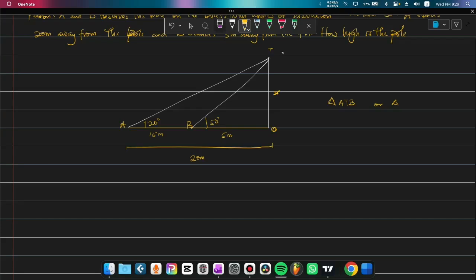So we can either use triangle ATO, that triangle there. Do we understand? Or we could use triangle BTO, see this triangle here?